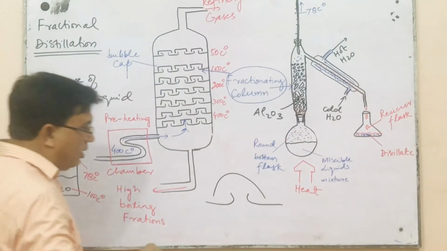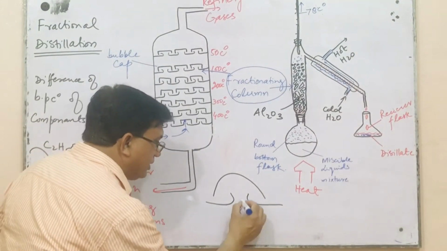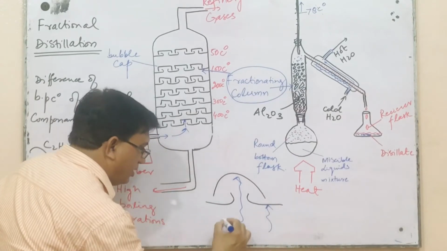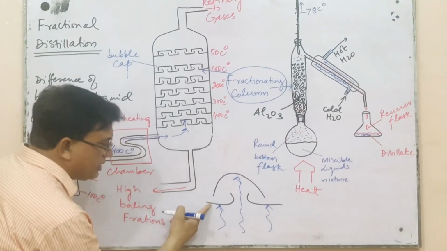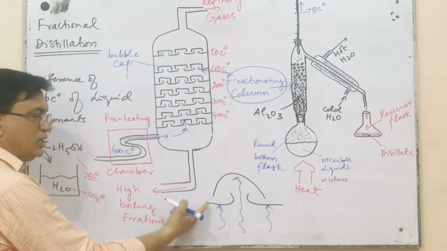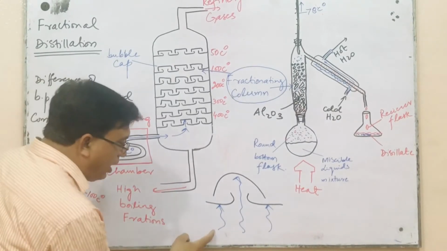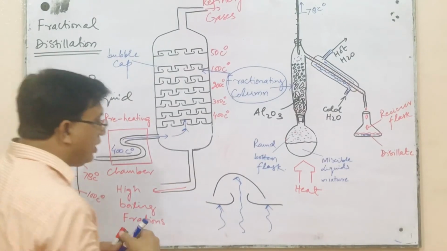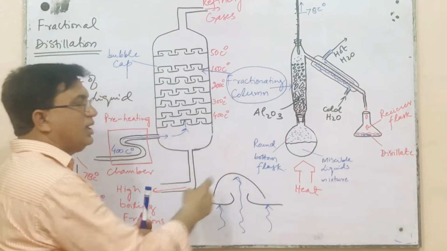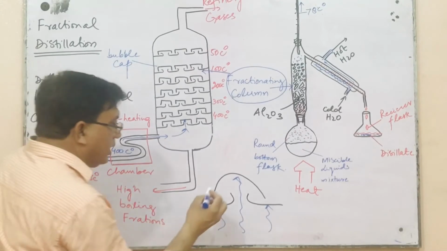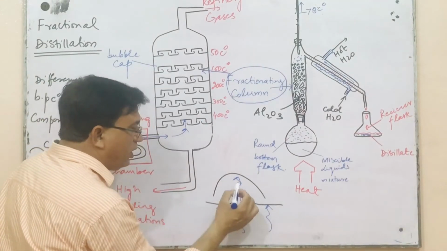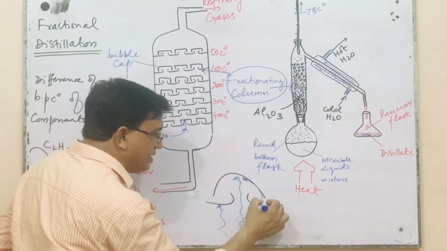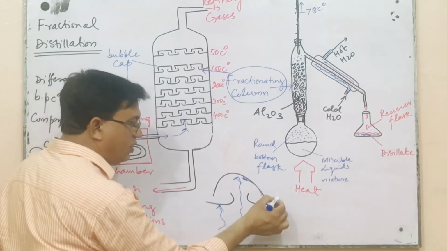Now, whenever vapors come from this side, if vapors are striking the lower side of the plate, they are providing heat energy and heating the liquid. Now, if the vapors are striking this top level, if the boiling point of the component is high, it will condense, and on condensing it will change into liquid.